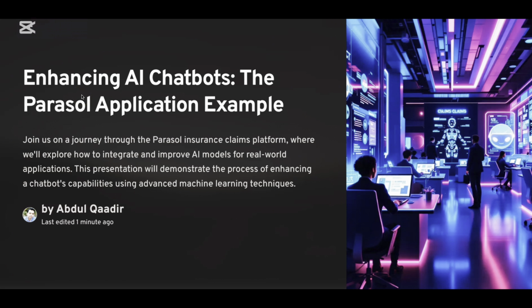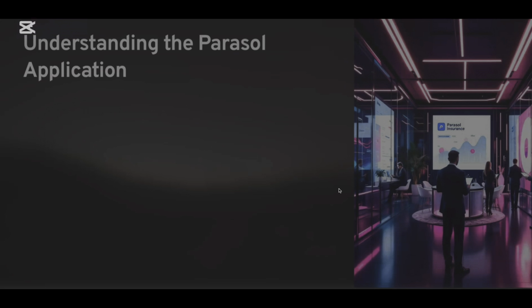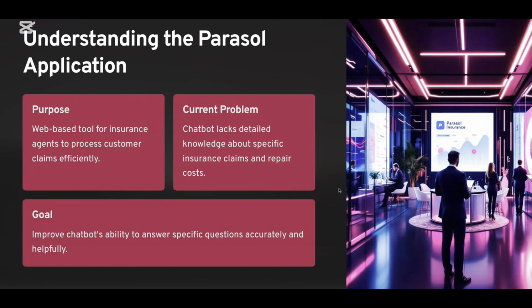To understand this better, we will be dealing with a simple application. It is called the Parasol application, which is meant for insurance claims. This is just an insurance claims platform which we will be utilizing to understand all the features we have discussed in a better fashion. All this application is, is a web-based tool for insurance where agents process customers' claims effectively.